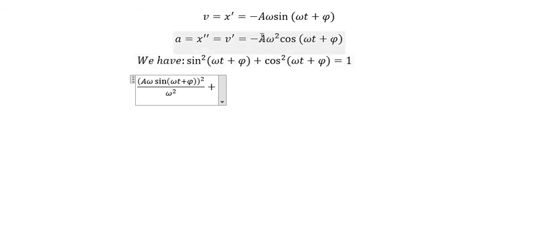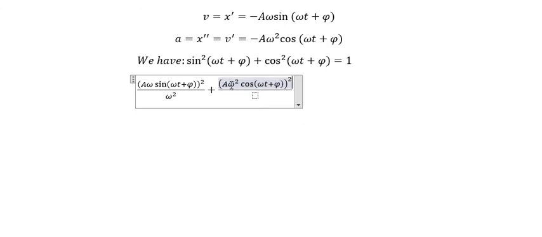Similar with this one. Because we have omega to the power of 2, we have number 2 in the power. So in this situation, in the denominator, omega should be power 4.